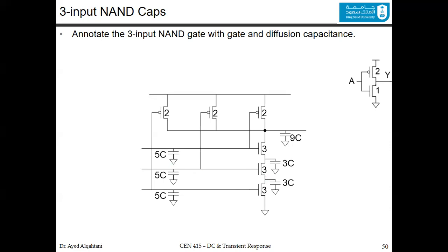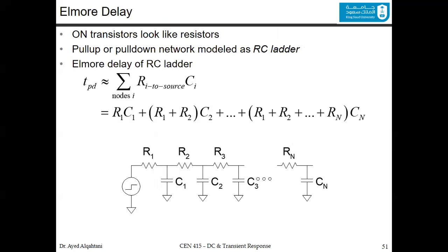The simplest way to put them all together in one model is using the Elmore delay model, which is called the RC ladder or the RC delay model, or some people call it the Elmore ladder. There are many ways of saying the same thing.